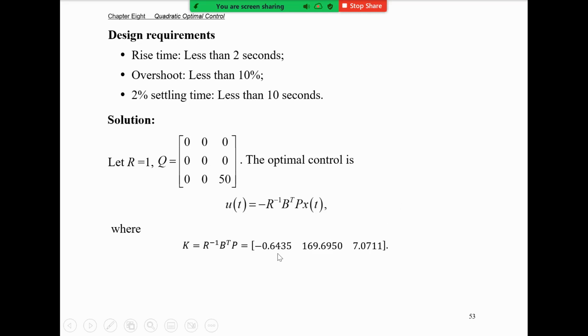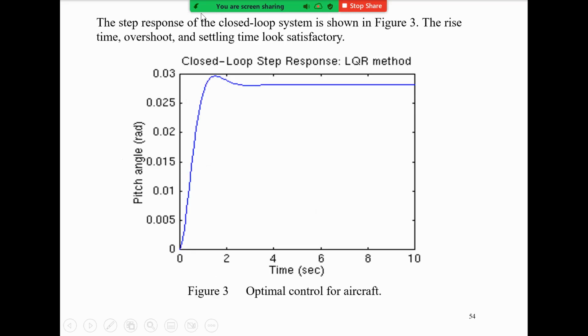Then we can get the P and then we can get the gain. This is the step response. Then we can see the rise time, the overshoot, and the settling time. Now it is stable, right? And the rise time, settling time, and overshoot all satisfy the performance requirements. Okay.